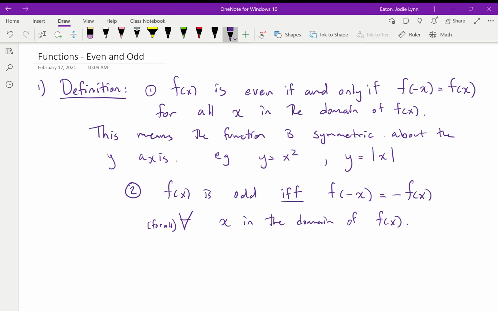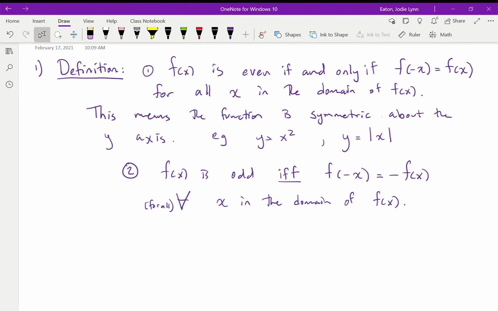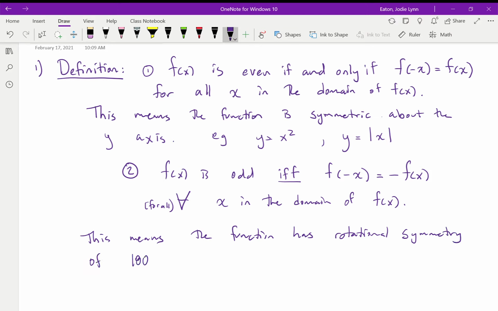Okay, so this means the function has rotational symmetry of 180 degrees about the origin.